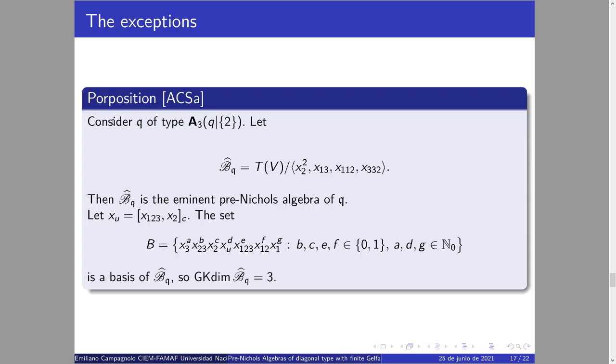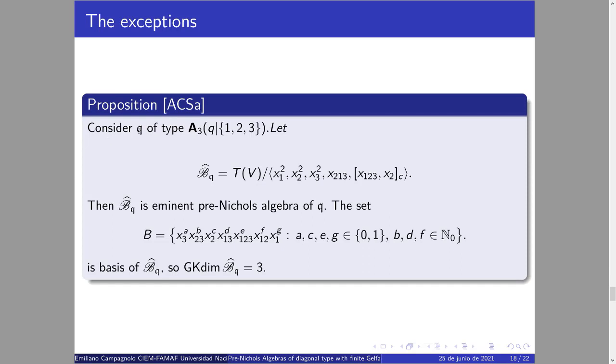Next, consider Q of type A3 with these parameters. Let hat B be defined like this. Then hat B is an eminent pre-Nichols algebra of Q. Let XU be defined like this. The set B is a PBW basis of hat B, so the Gelfand-Kirillov dimension of hat B is 3.